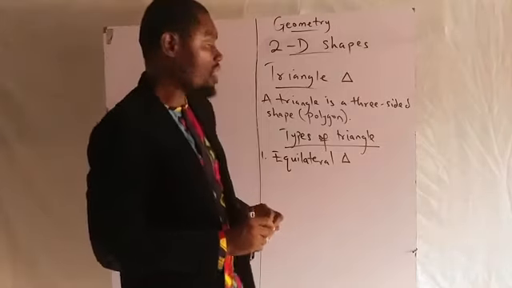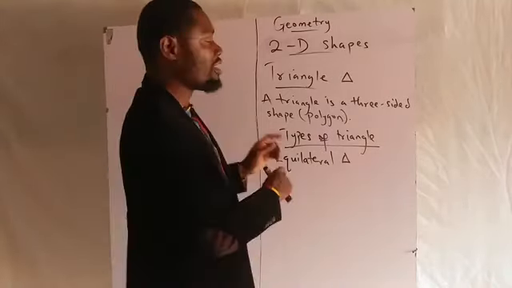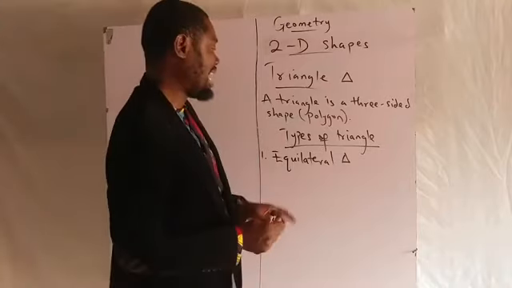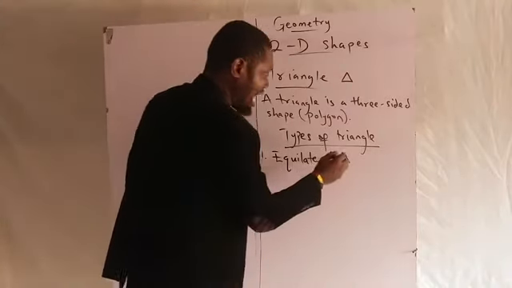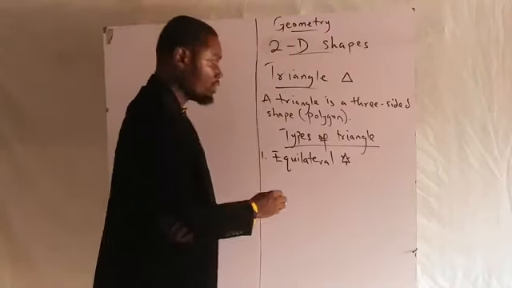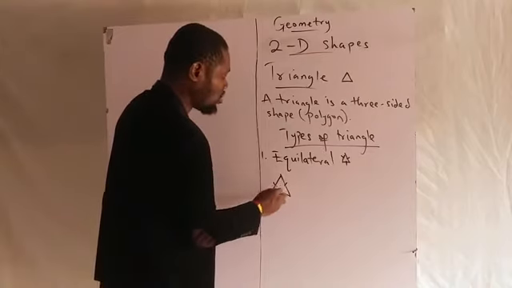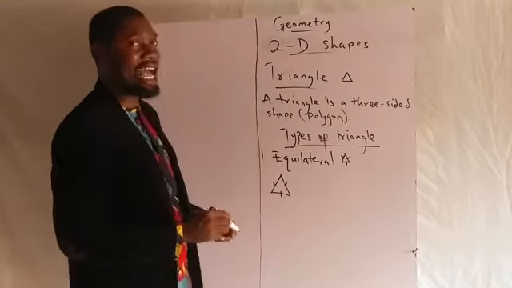All the sides of the triangle are equal, and by the standard of geometry, we represent an equilateral triangle using these lines on the triangle, which means all the sides are equal. So if you see any triangle that has lines cutting this way, it means all the sides are equal.